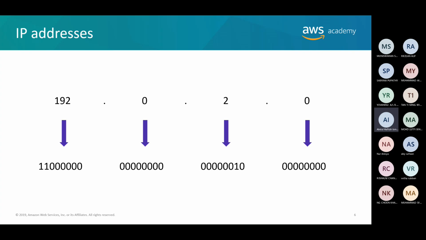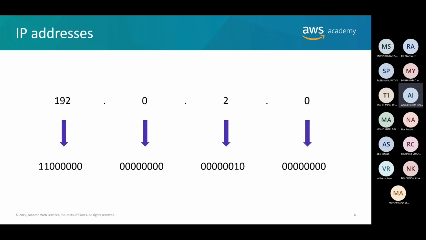So kita tahu untuk IPv4 kita ada 4 octets, and there are 8 bits in each. From this number, the computer understands the binary.